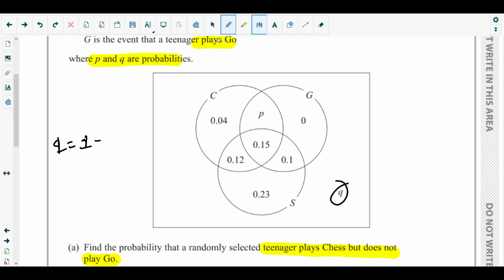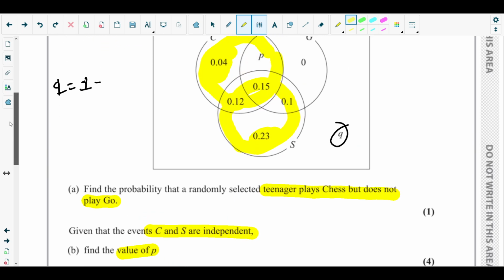It is the whole circle C and the whole circle S, intersected with G prime, that means not G. Not G is which part? This part, right? 0.04, 0.12 and 0.23.